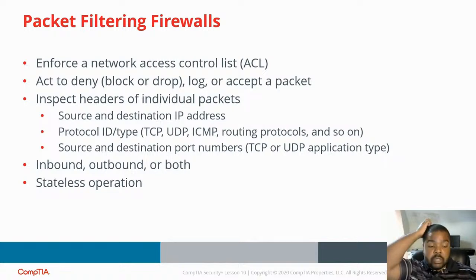Now, if you're thinking about a more enterprise network, we're talking about a network firewall that's probably sitting out there and it's its own different appliance. It is not mixed in with its router.